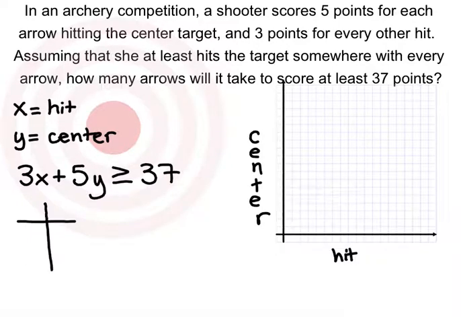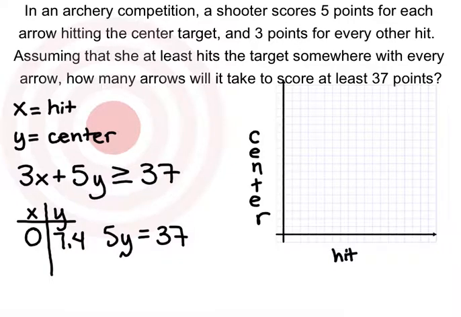So what we do is we create a t-table having x and y, and I'm going to let x be 0. Now, in that inequality, if x is 0, then we get 5y is greater than or equal to, but I'm just going to imagine it's equal to 37. Now, to solve for y, we divide by 5 on both sides, and we get 37 divided by 5, which is 7.4.